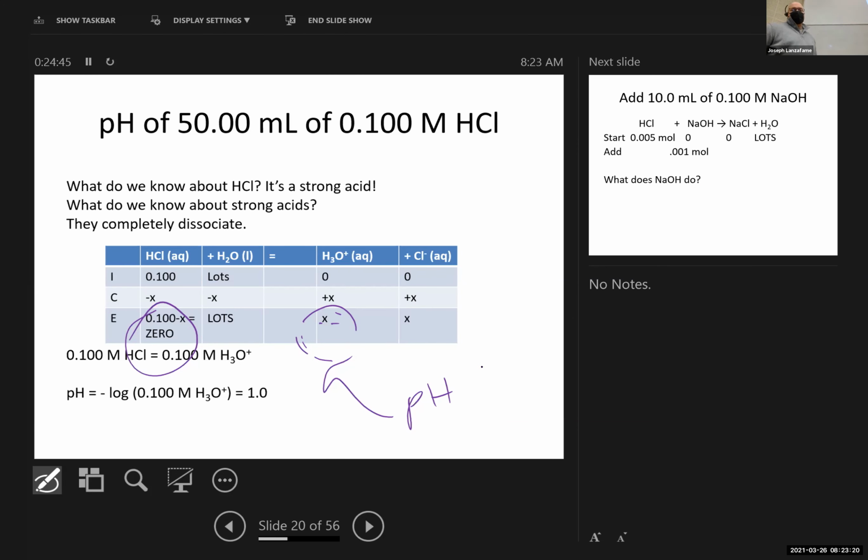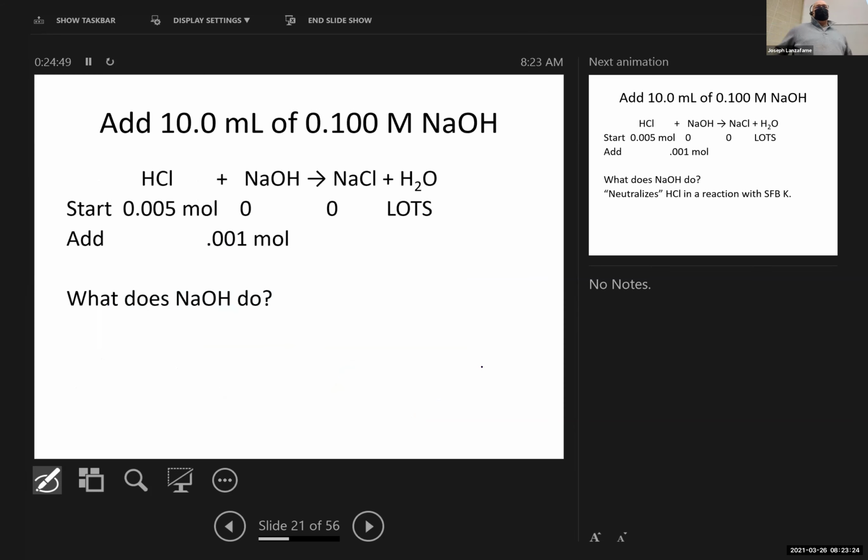Right. And then I'm just going to start adding sodium hydroxide gradually. Right. So I suggested 10 milliliter aliquots. And so I'm going to add 10 milliliters of 0.1 molar sodium hydroxide. Right.